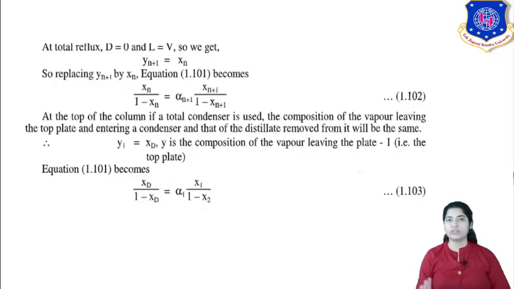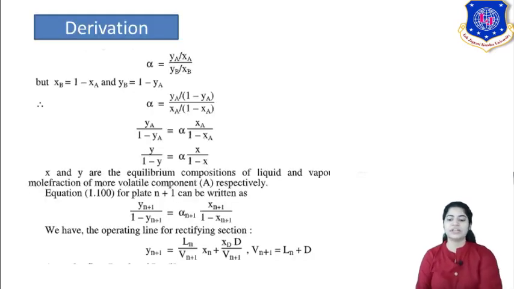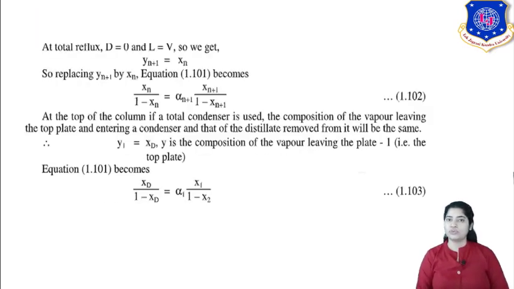Now at total reflux condition, D is equal to 0 and liquid is equal to vapor. So D is equal to 0, hence Vn plus 1 is equal to Ln, so Yn plus 1 is equal to Xn. That is how you did the derivation. Now you substitute Xn in place of Yn plus 1, and you get equation 1.102. Clear? Now this is done.